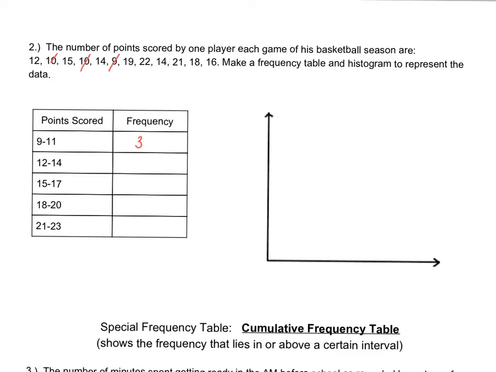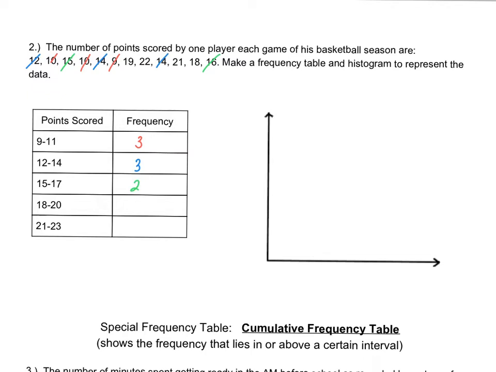All right, now we'll go to our 12 to 14. So we got 1, 2, 3. All right, 3 times on that one, okay? All right, now let's look at our 15 to 17. Looks like 1 and 2. All right, so we got 2 on that one.